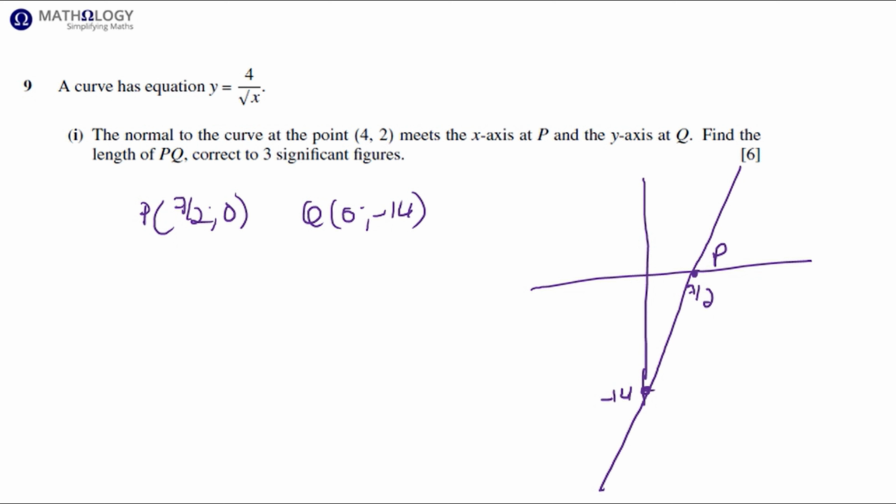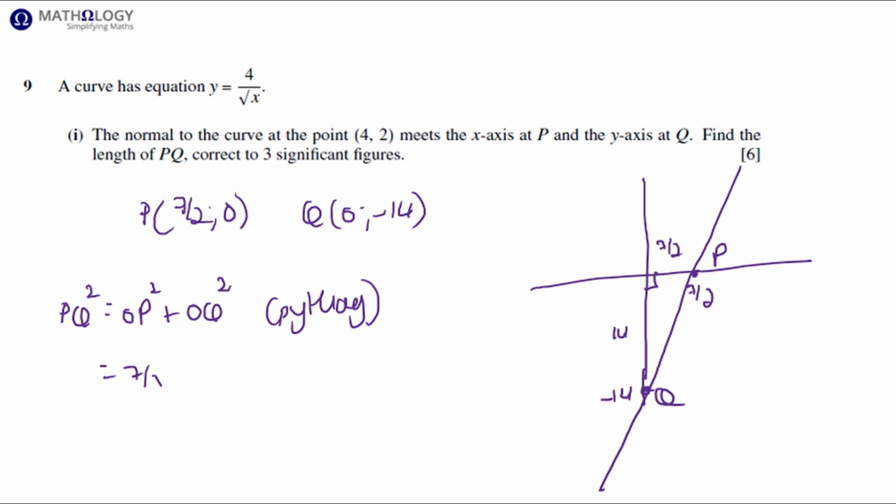This is P, and that is Q. We've clearly got a right angle triangle here. OP is 7/2 units, and OQ is 14 units. So we can just use Pythagoras' theorem to determine the length of PQ. So PQ squared equals OP squared plus OQ squared.